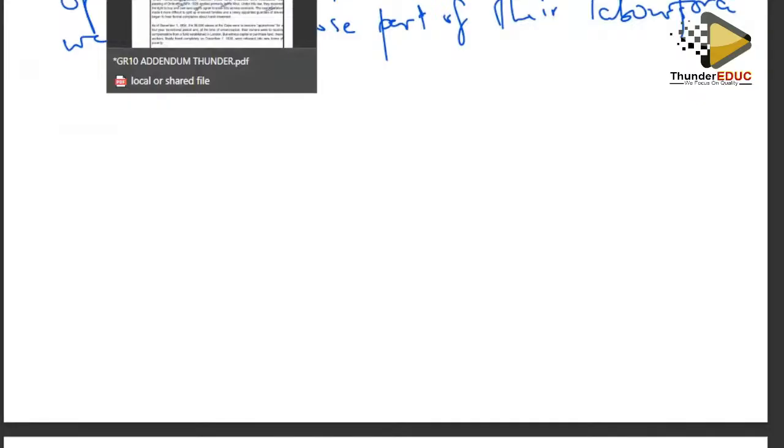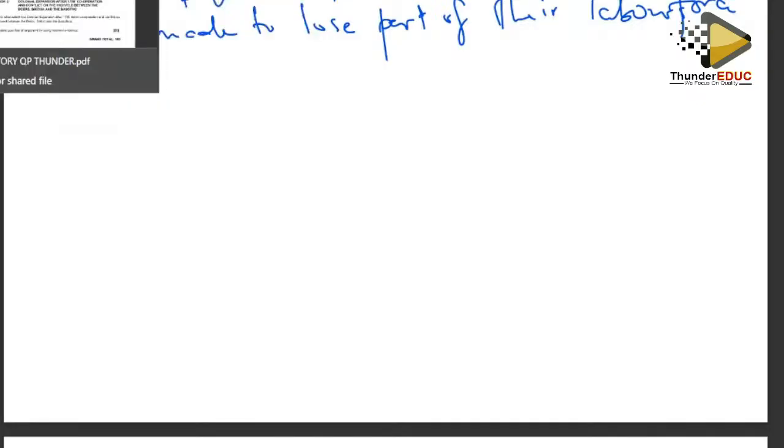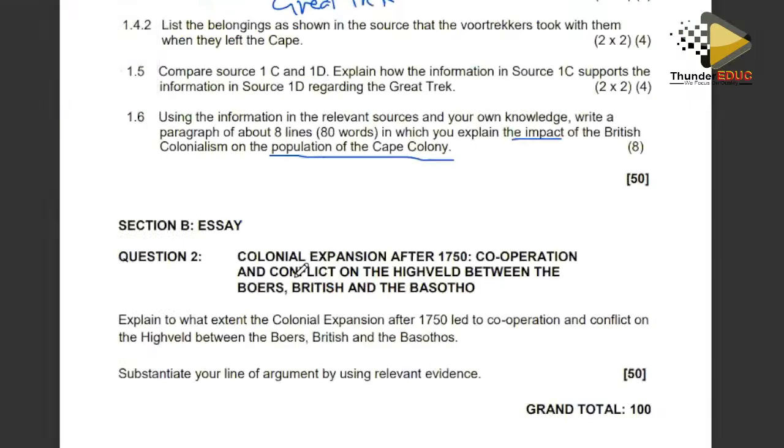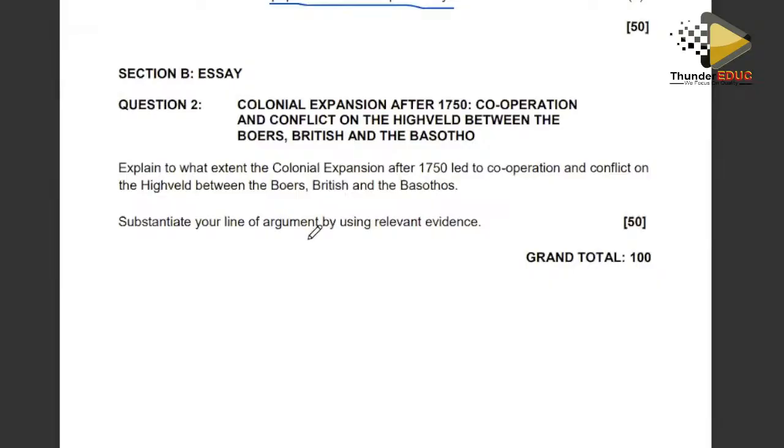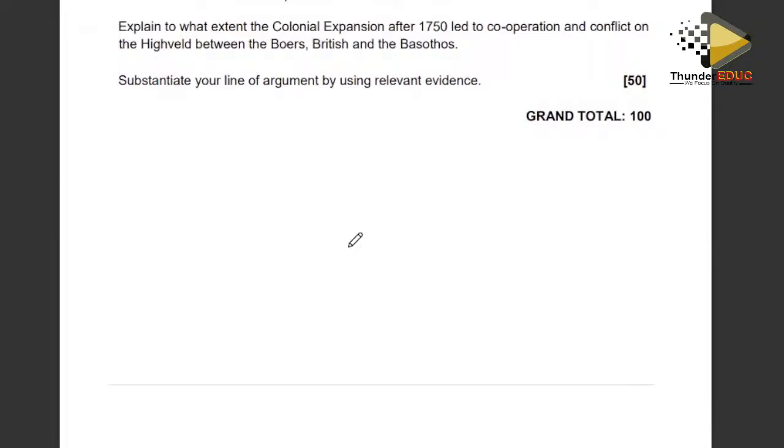Right, then we just want to discuss part of the essay question. Right, the question is on expansion, cooperation and conflict on the Highveld. That is the focus question. Explain to what extent the colonial expansion after 1750 led to the cooperation and conflict on the Highveld between the Boers, the British, and the Basutos.